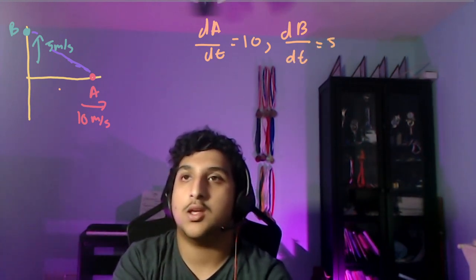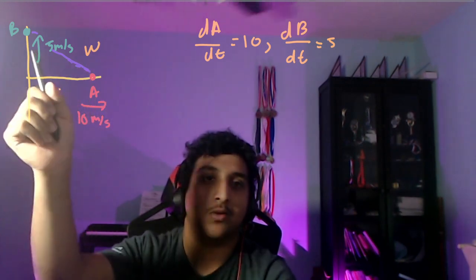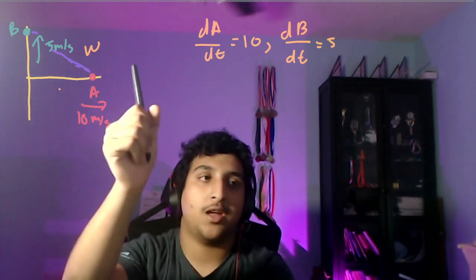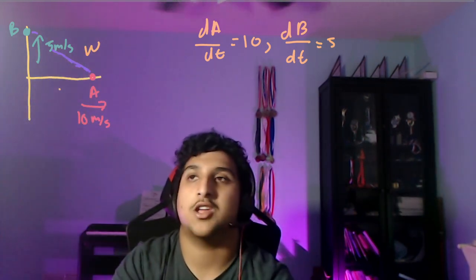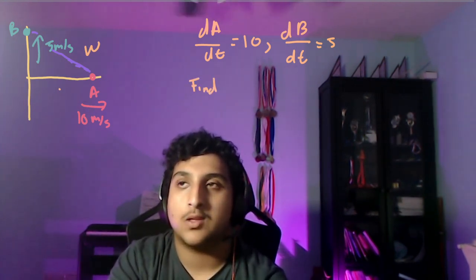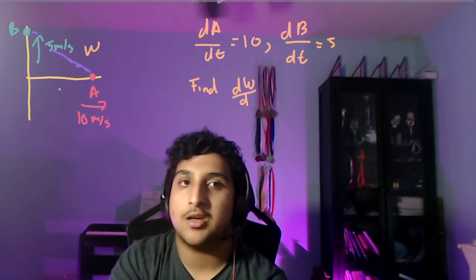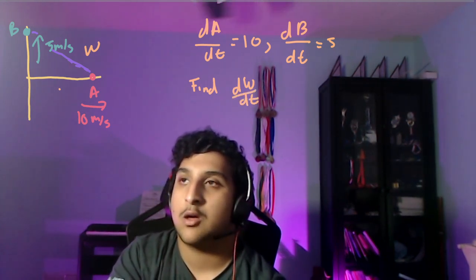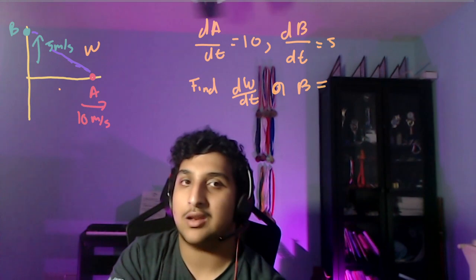Now, let's call this W. So let's say this is a function of time, basically the hypotenuse at time t. So we want to find dw over dt, change in w at b equals 15.